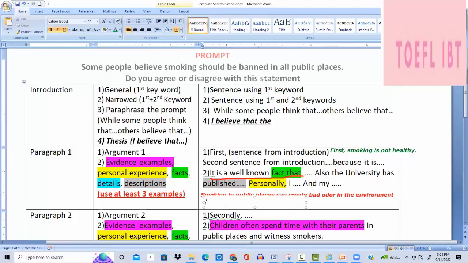I'm going to put in, it is a well-known fact that smoking causes health problems. Also, I know that it is addictive, or whatever you know. That's something that you know, okay?